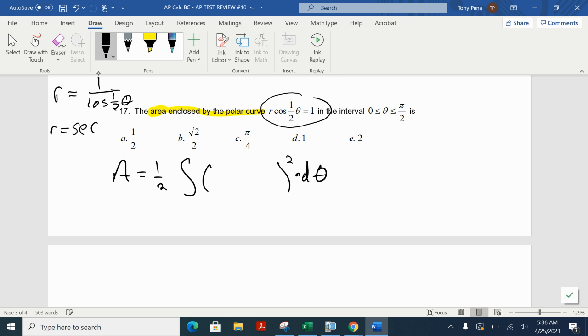So I'm going to rewrite this as secant of theta over 2, all squared, which is how this is currently written.